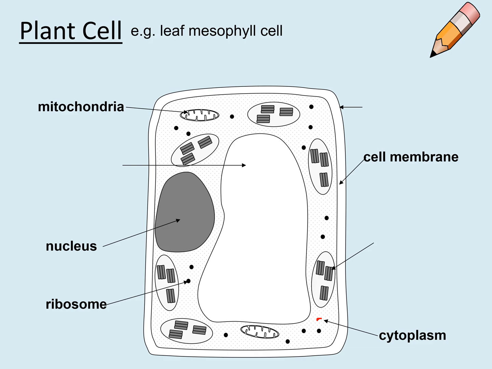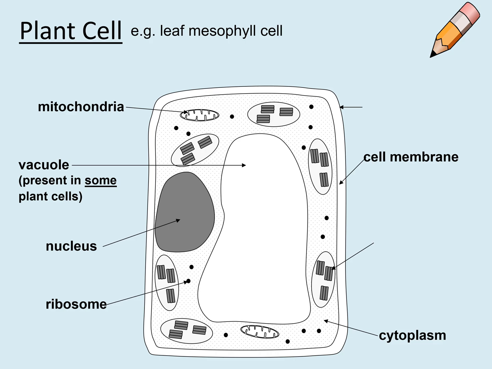So the function of the cytoplasm is it is the site of chemical reactions. Moving on to this part here, this is called the vacuole, and the vacuole's role is to store water and solute, which makes cell sap.